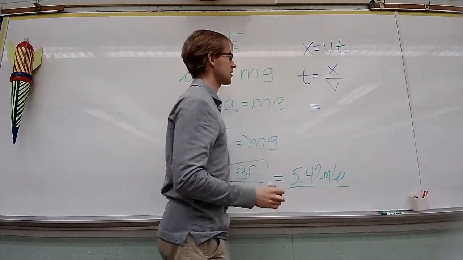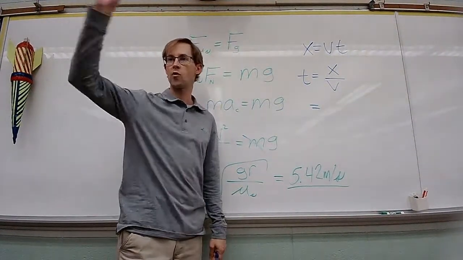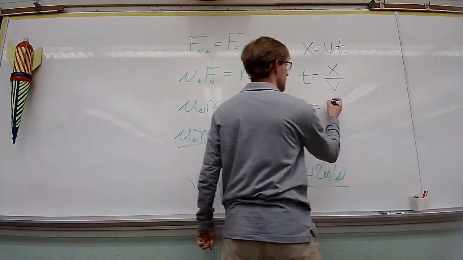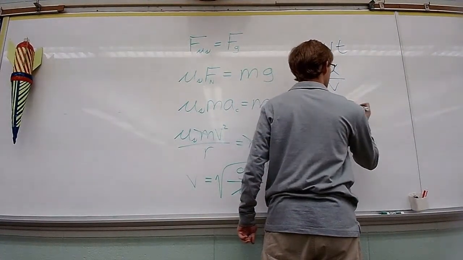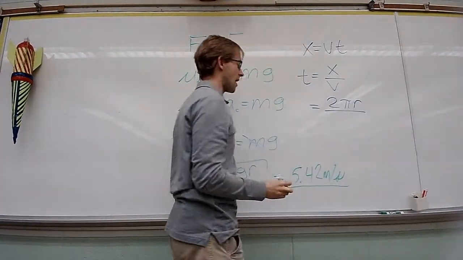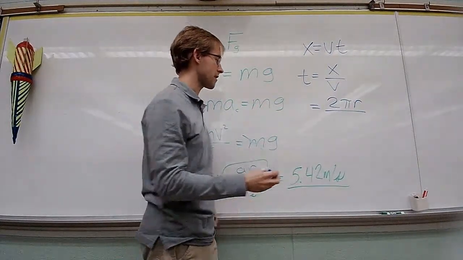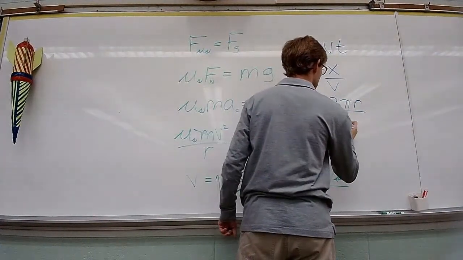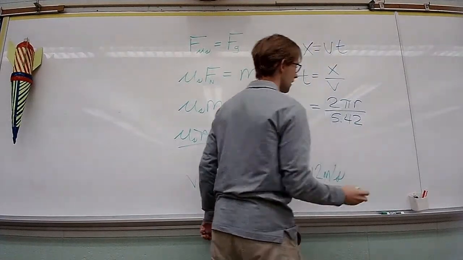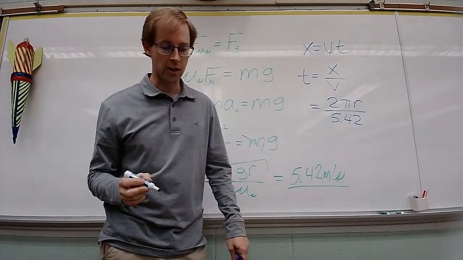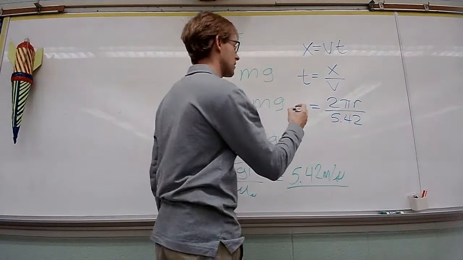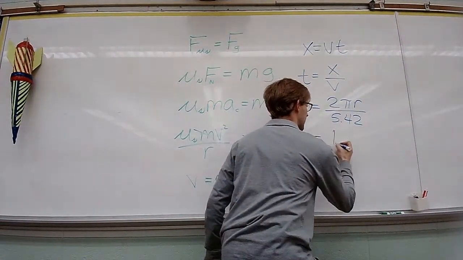And our distance in this case, when you go around once, is the circumference. So that's going to be 2 pi r. And the velocity is what we just found, 5.42. And when you do that math, you'll end up with a maximum period of 1.74 seconds.